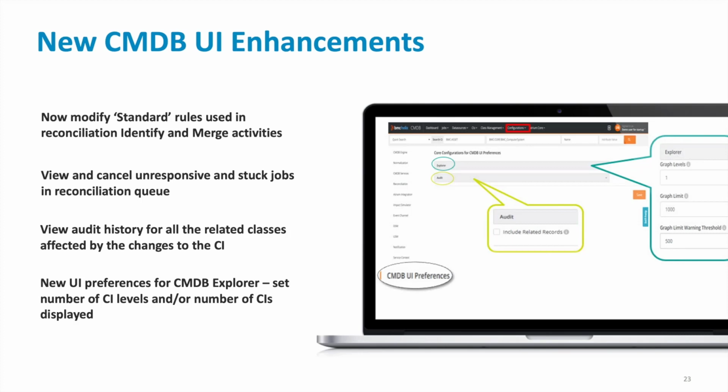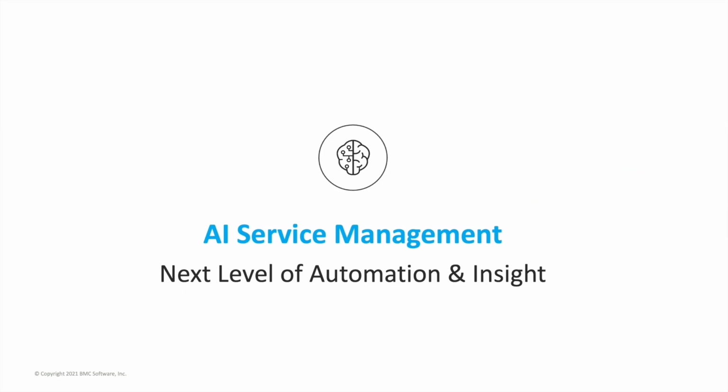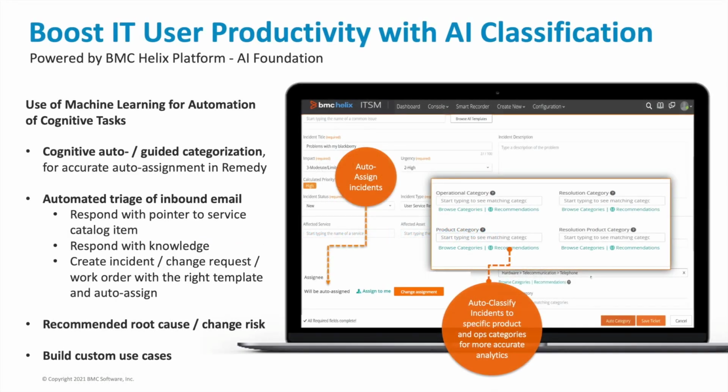Okay, so let me then move on to the third topic, and that's our enhancements in the AI service management area. Now, as you know, we've invested in this area for quite a while. Initially, the focus, aside from our investment in chatbot and a number of cognitive capabilities in that area, for the core ITSM application, was really on leveraging classification algorithms in order to implement certain automation capabilities, right?